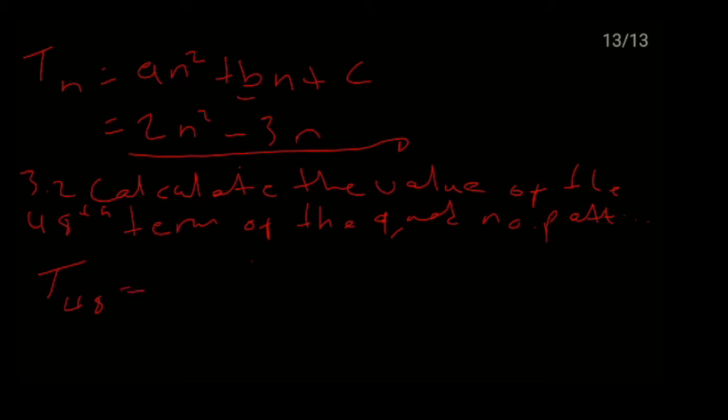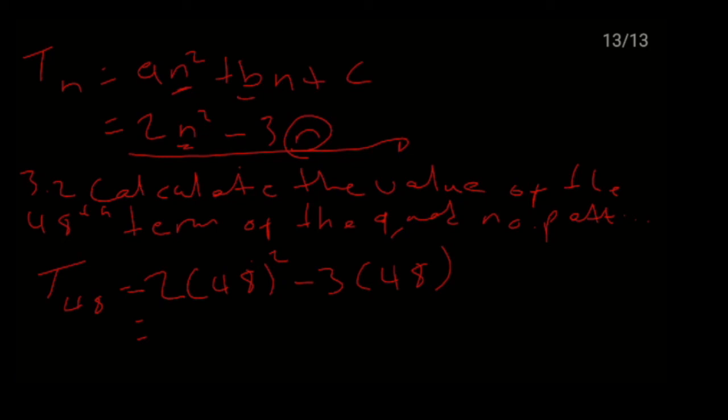So our general term, remember, we found a to be 2, into the 48th term, meaning your n here will be 48, close bracket, squared minus 3, and again we have 3 times 48.